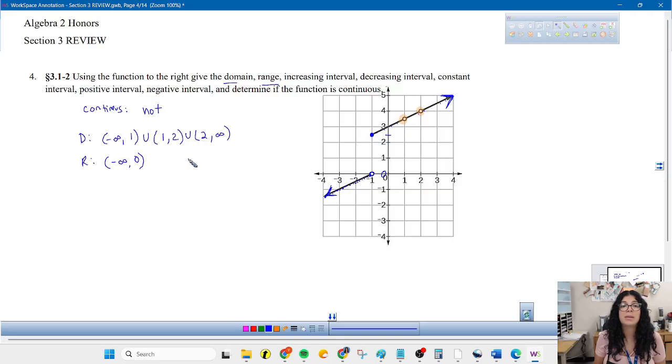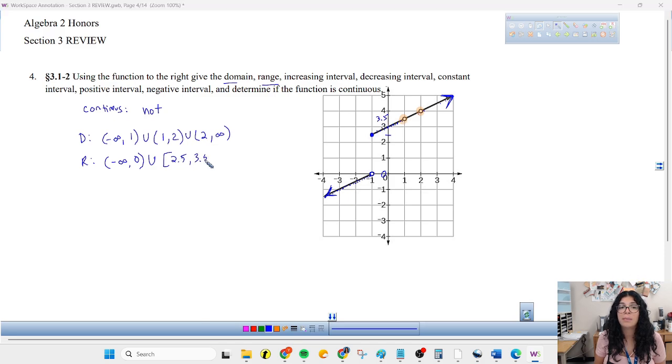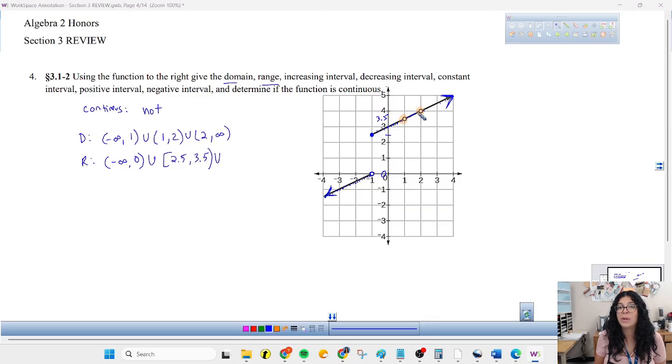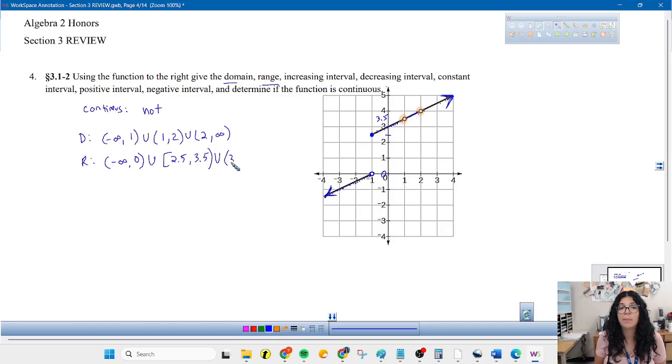The next y value picks up at 2.5 and it is closed, so I will use a square bracket. And then I have all of these points which have y value 3, y value 3.1, y value 3.2, y value 3.3, all the way up to, but not including 3.5. And then we pick back up again right after 3.5, all the way till 4, but not including 4.